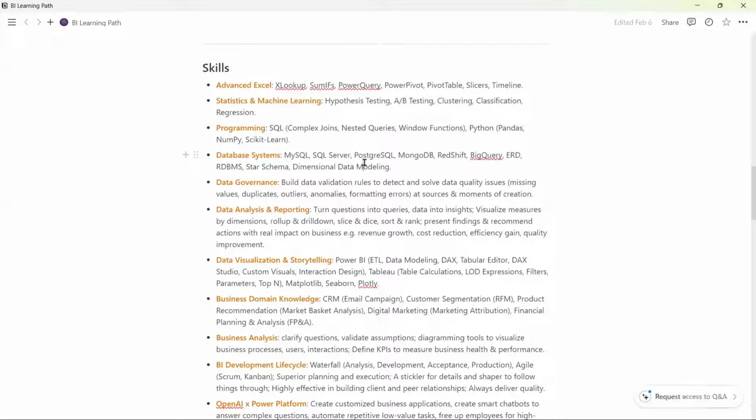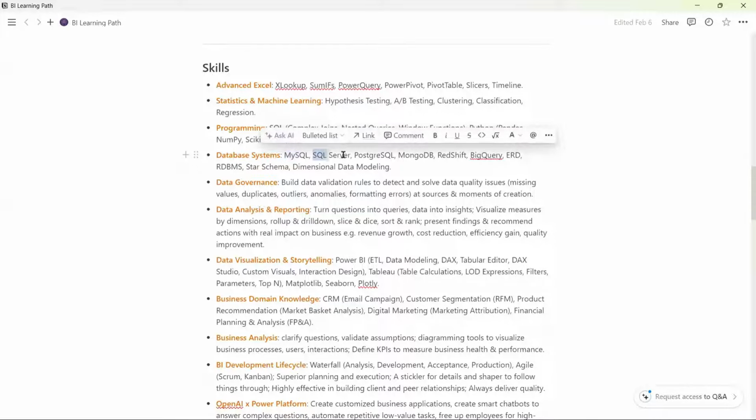Database systems, you should put the database systems that you have worked with, the most popular databases you can search. You can ask ChatGPT, what are the most popular database systems? And I bet you will see MySQL.